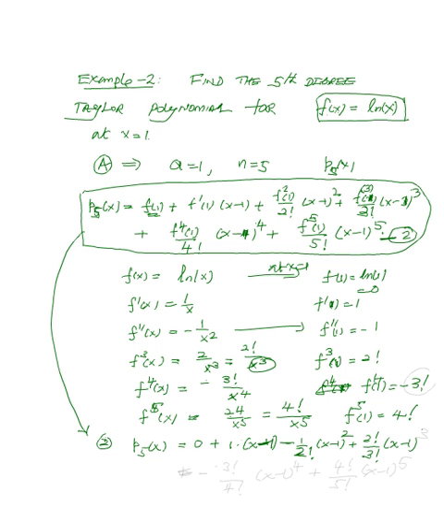We have two more terms, so minus factorial 3, which is this number right here, divided by factorial 4 times x minus 1 to the fourth power. Finally, the last term, plus factorial 4 divided by factorial 5 times x minus 1 to the fifth power.